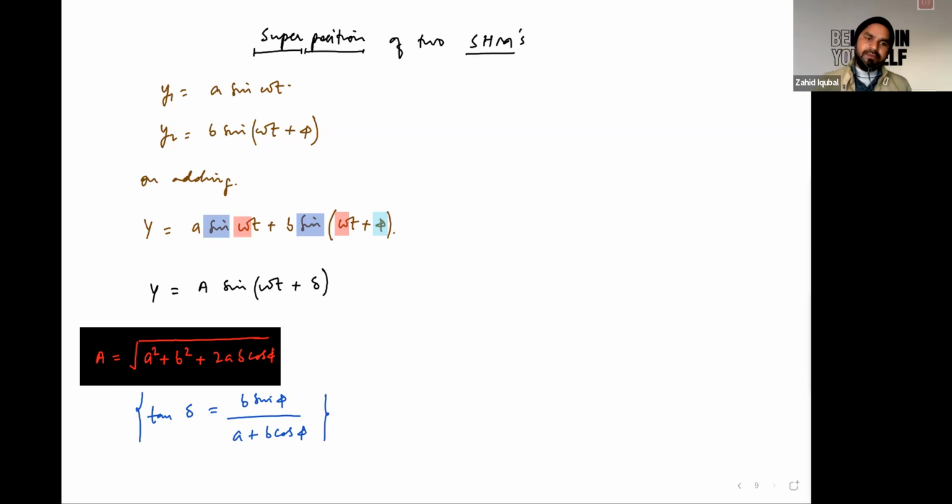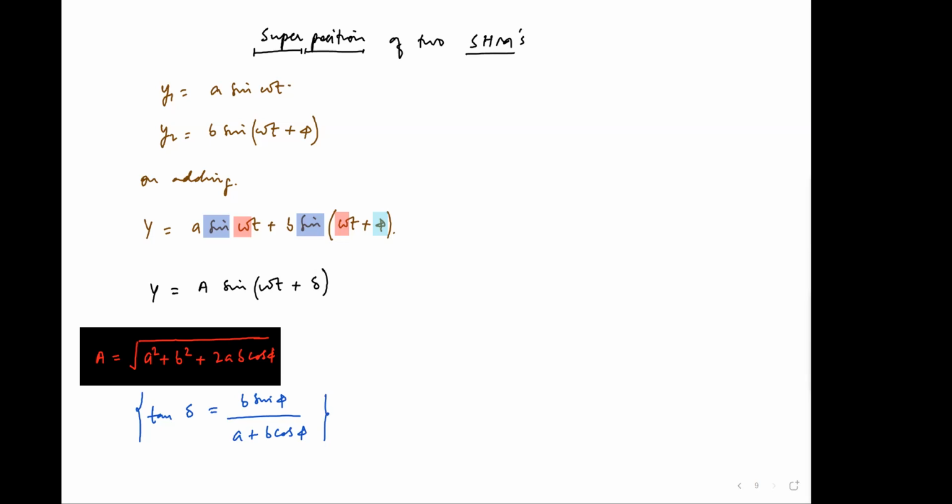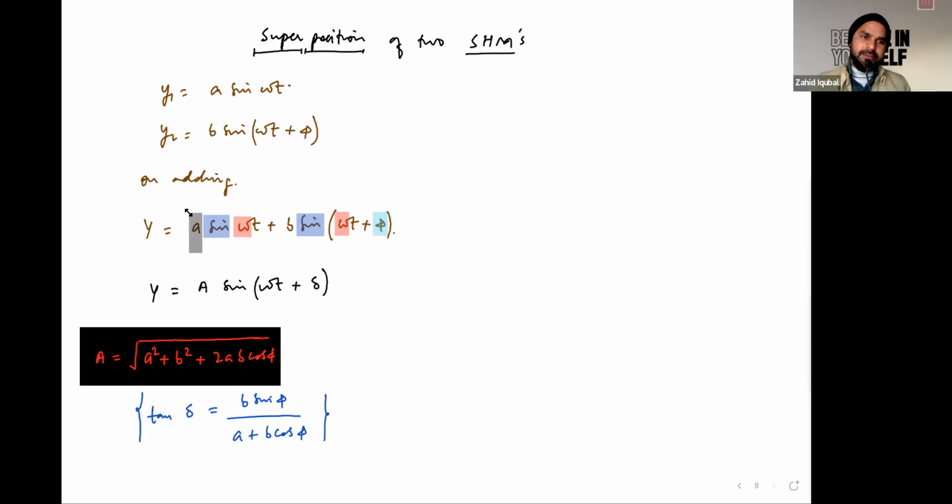Same as what we have done in vector chapter. Hamza, is it clear? Yes, sir. This is the first amplitude of first wave, second amplitude, second part, and this is phase difference. I've just used these different terms for the calculation of amplitude and phase difference.